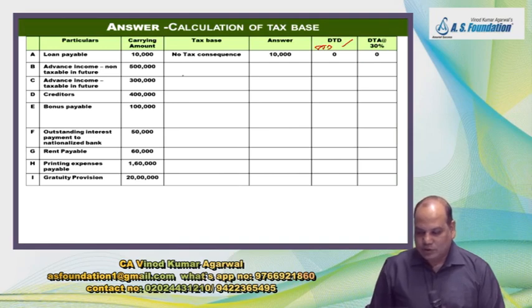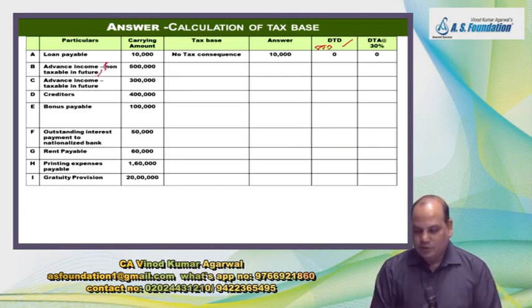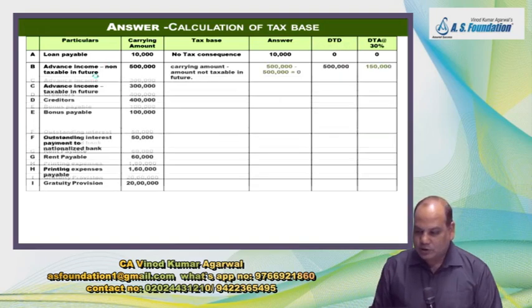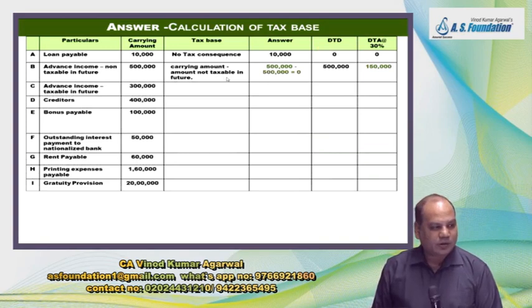Okay, one more. Income received in advance which is non-taxable in future. This is not a minus sign, it is an explanation that it is non-taxable income in future. What is the formula you have learned for income received in advance? Carrying amount minus amount not taxable in future.